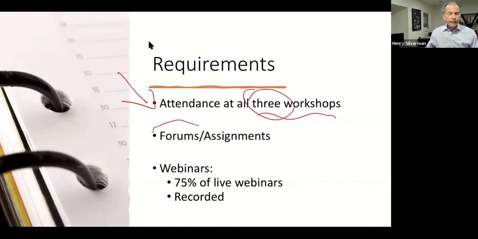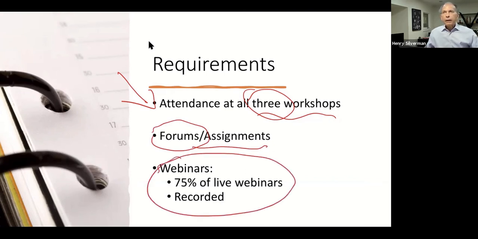We expect completion of the assignments and participation in the discussion forums. And also, we would like to have you attend at least 75% of the webinars that we'll have once or twice a month.